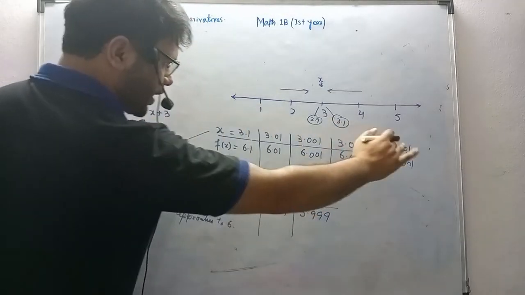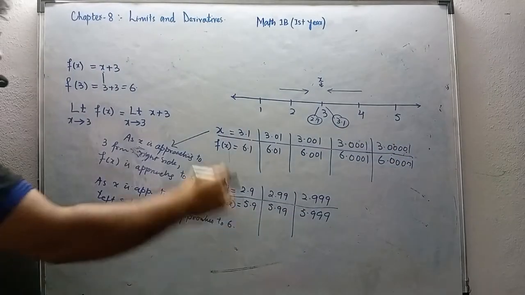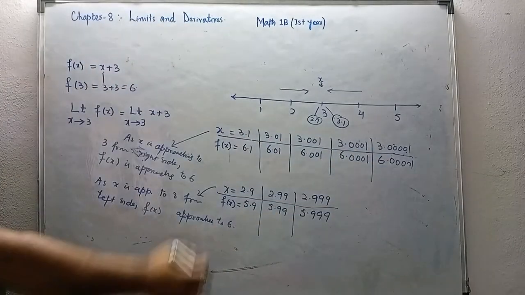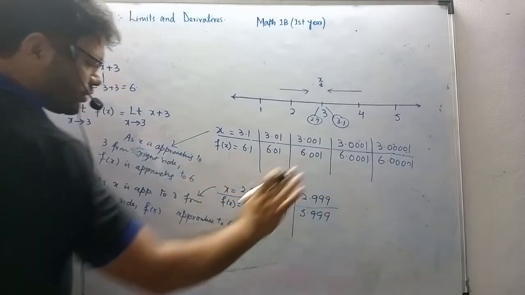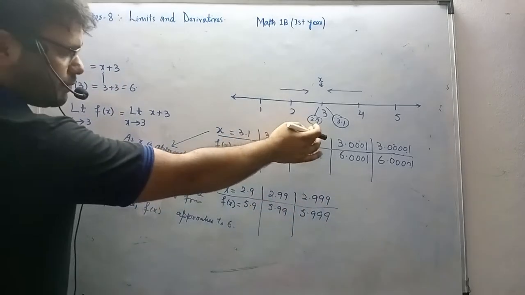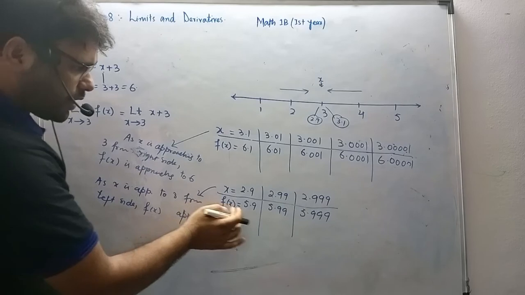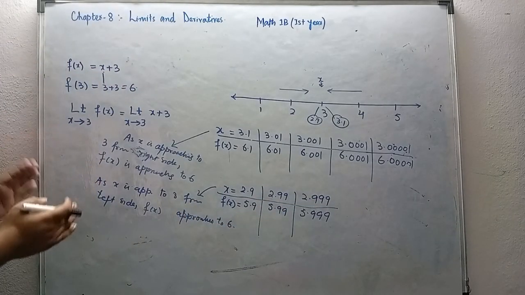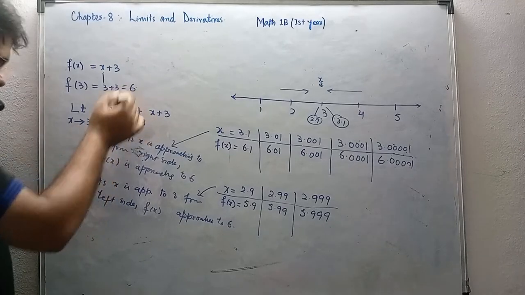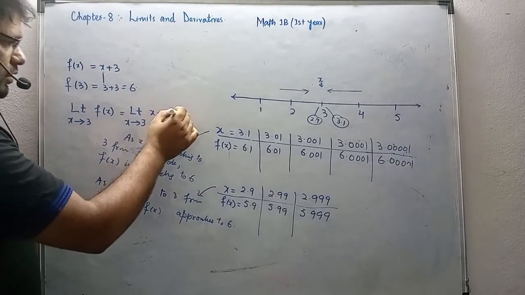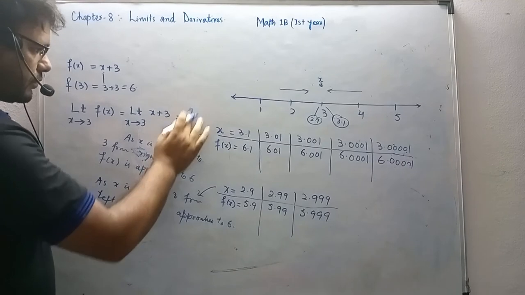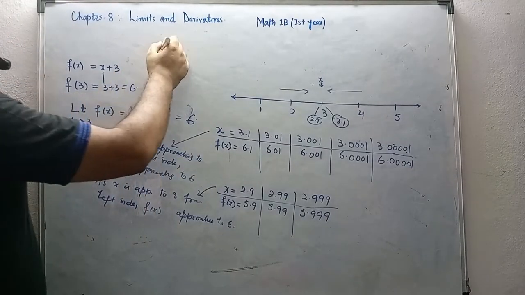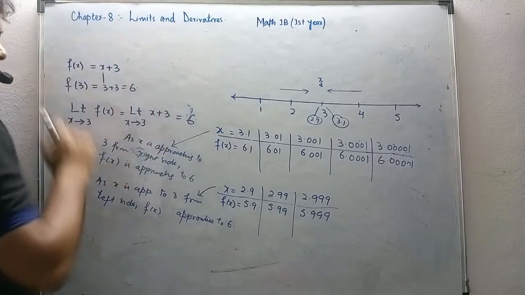When x is approaching 3 from the right side, the value of f(x) approaches 6. When x is approaching 3 from the left side, the value of f(x) is also approaching 6. So we can say the limit as x tends to 3 of x plus 3 equals 6. So the limit of the function f(x) is 6.